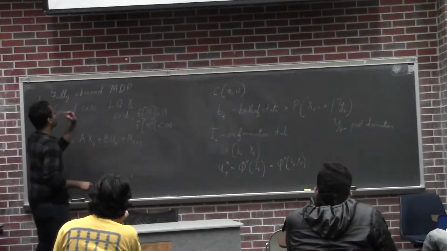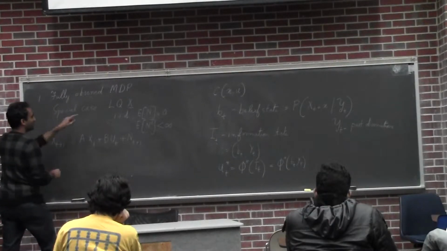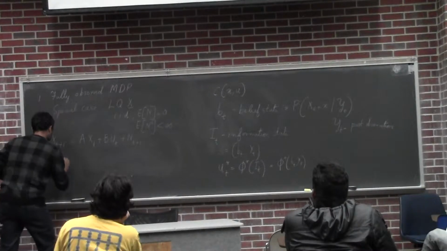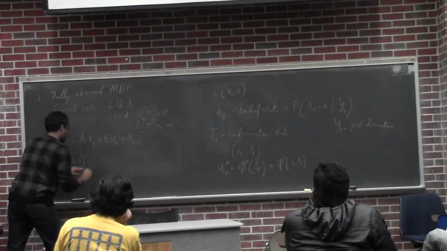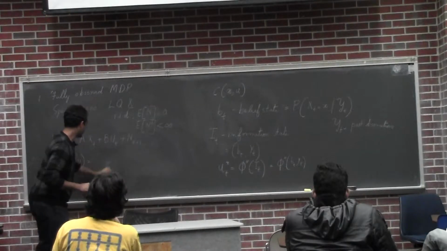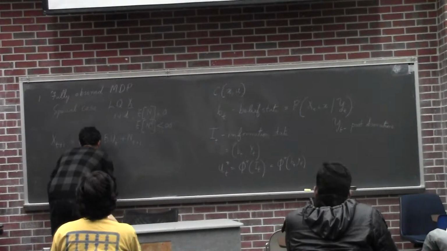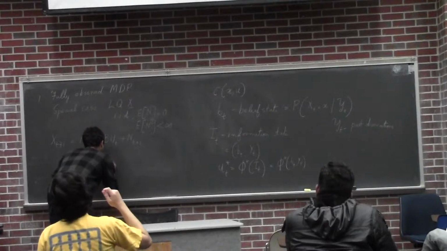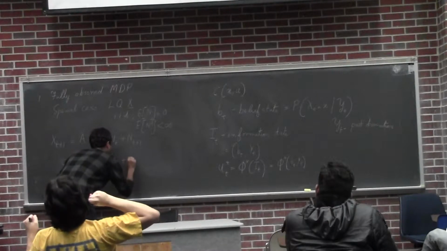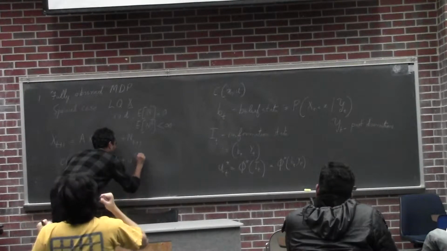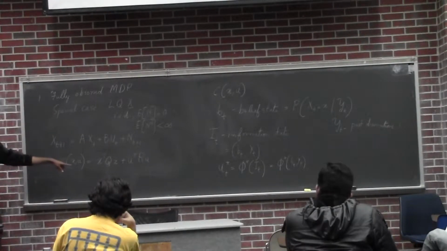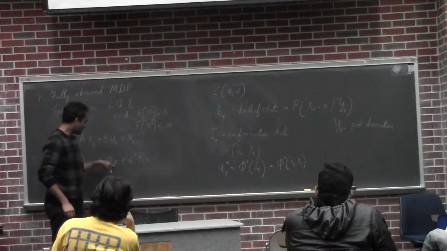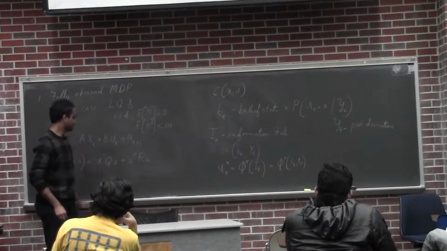And because we have a quadratic cost, C of XU has this form, where it's quadratic in both the states as well as the inputs.